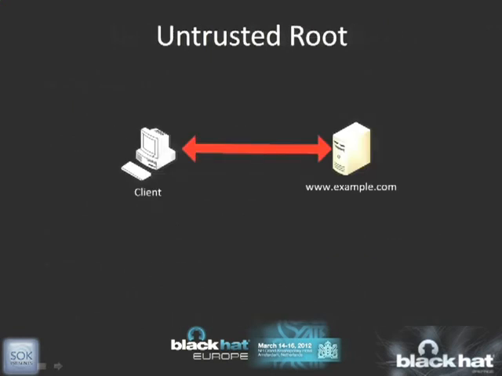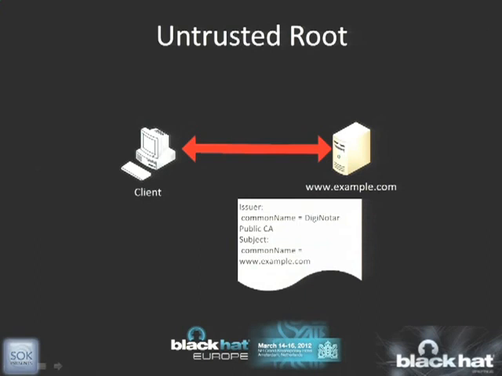So let's look at an example. Let's say we have a client attempting to communicate with example.com. Example.com presents its certificate. And just for the sake of argument, let's say that certificate's signed by DigiNotar. Yeah, I hear chuckles. I'm sure everybody's familiar with DigiNotar was compromised and was used to issue fraudulent certificates.